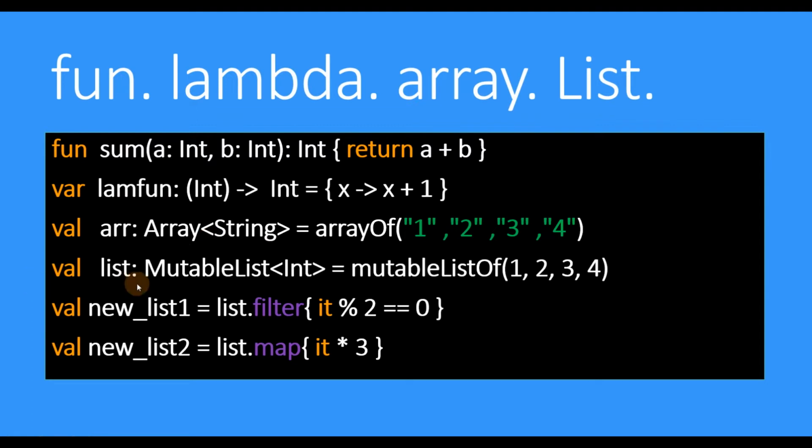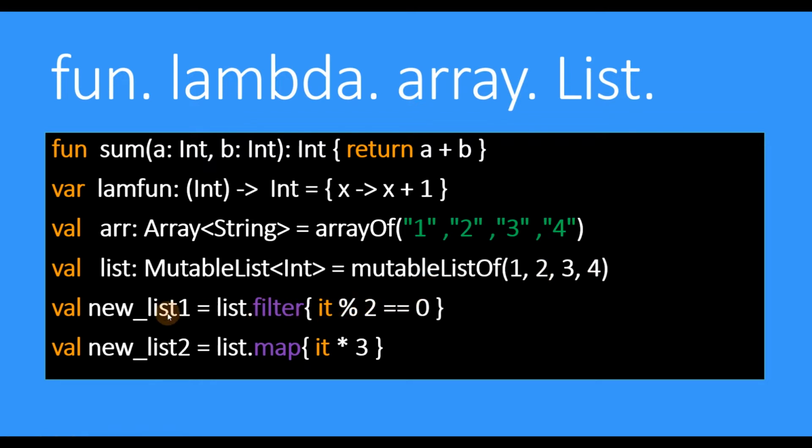And next we are declaring a mutable list of type Int, and we are initializing it with the function mutableListOf, and we are assigning to the items of that list, as you see, those elements.